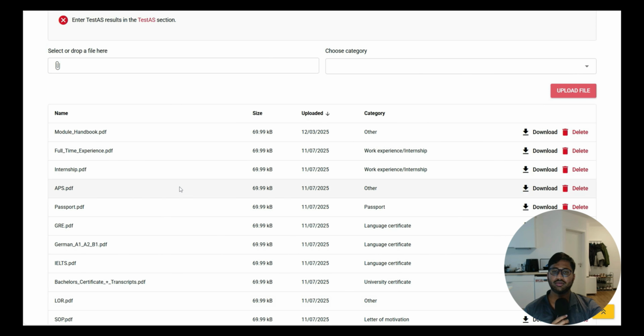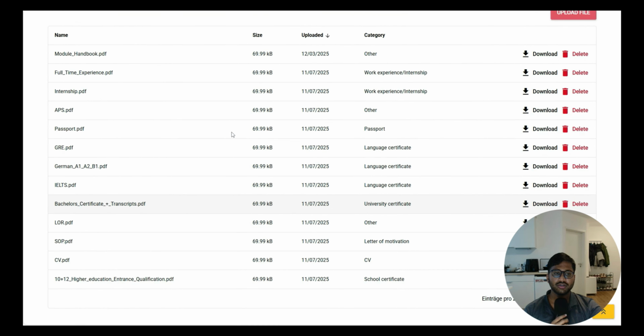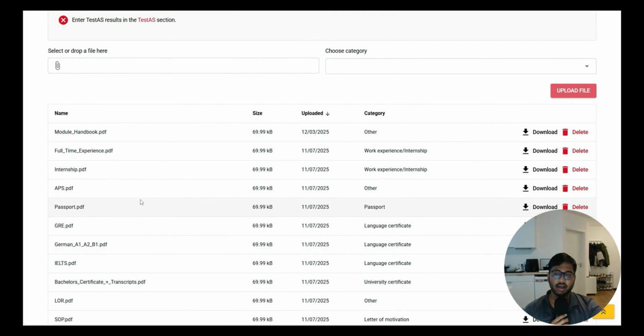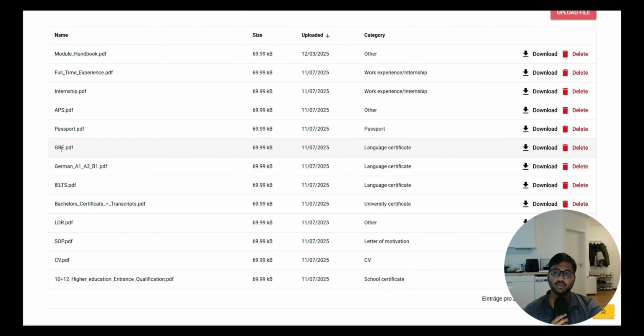So I always make it common, so that it can be used and I don't need to upload every time. That's the reason I take full care once and upload all documents whichever I have, which will be module handbook, full-time experience, which will be my internship also, APS document, passport, GRE, German A1, A2, B1, whichever you have, IELTS, bachelor's degree certificate, transcript and letter of recommendation.